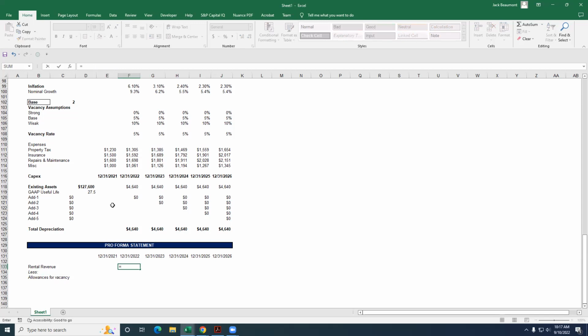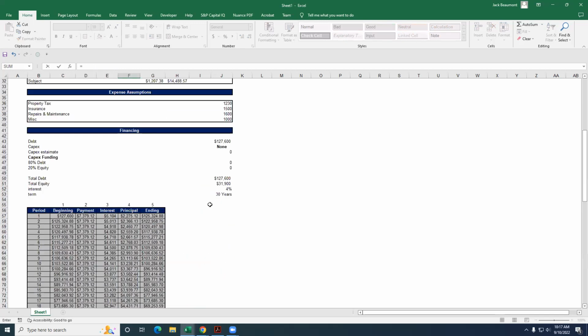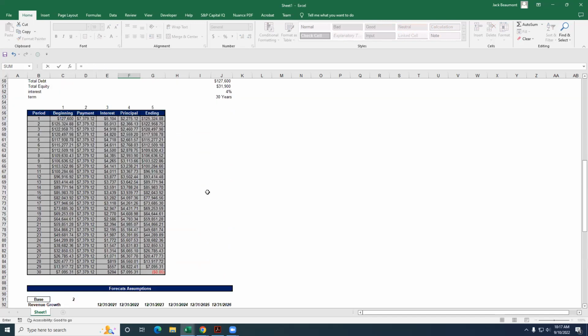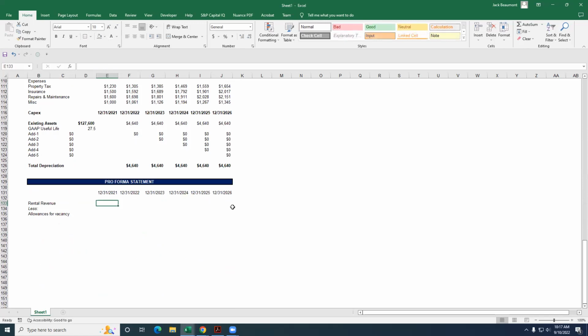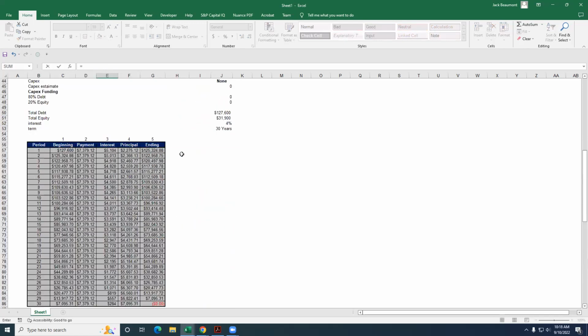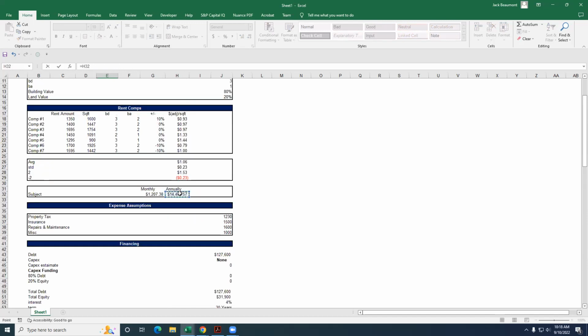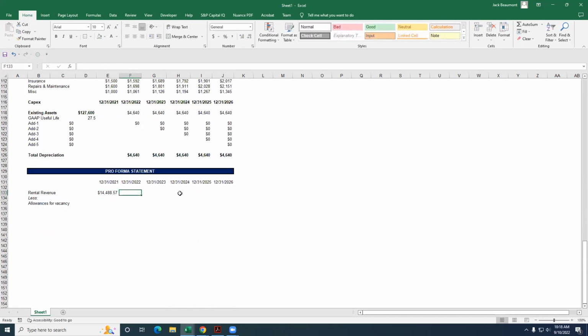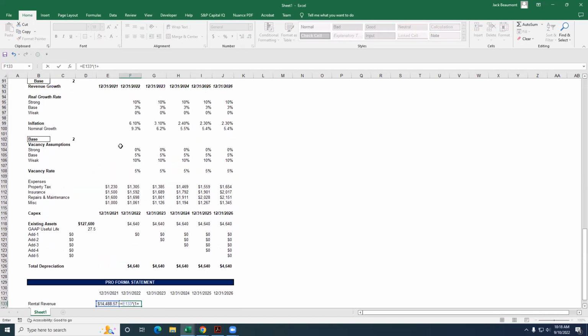So here we equal, hang on. What we did here is going to equal this, that, times 1 plus our rental growth there.